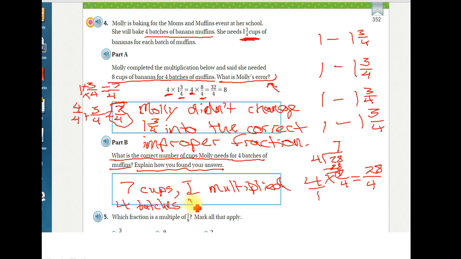Multiplied 4 batches times 7 4ths cups. That's all I did. Why didn't I do 8 4ths like Molly? Because Molly changed this mixed number into the wrong improper fraction, which is why she ended up with 8 cups. But we know, because we fixed her error, it should actually be 7 cups.